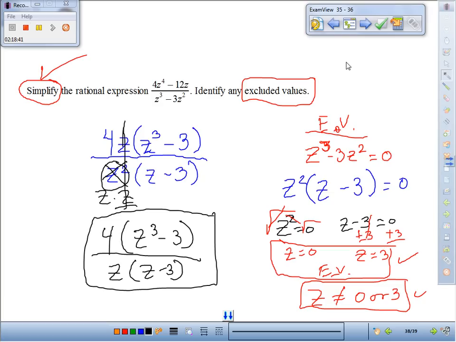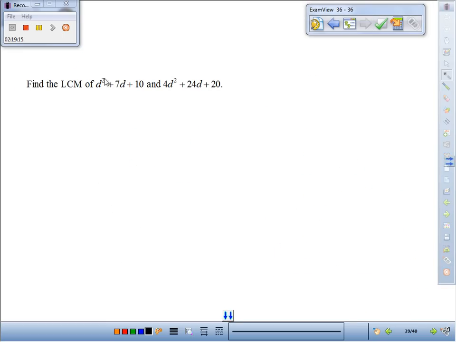Number 36. Here we go. Find the LCM. They give us two trinomials.